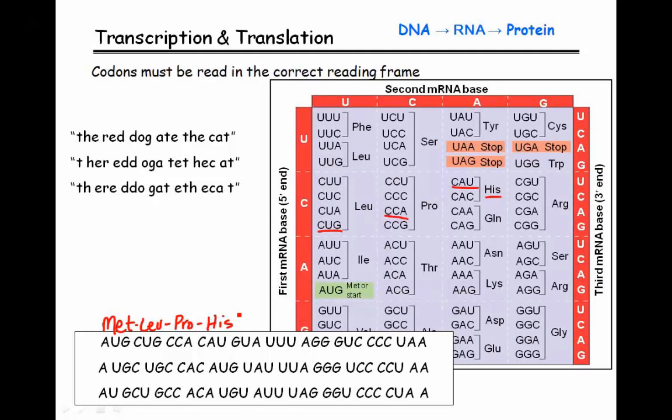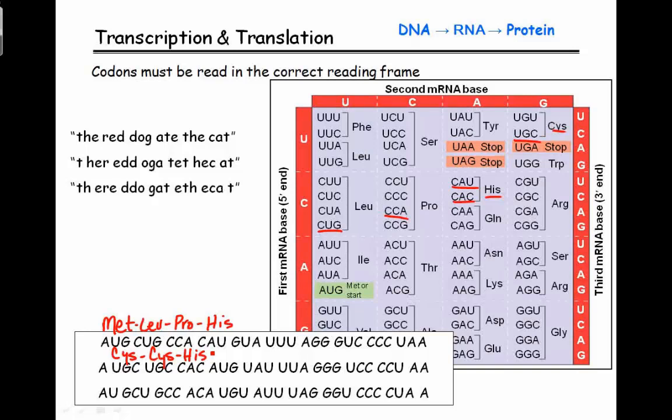Now if we look at the next line down, where the spacing has been shifted over just a little bit, and we start looking up our very first group of 3, we get a UGC. UGC is up here and it codes for cysteine. So notice that right away we're getting different amino acids than what we had before. CAC is going to be histidine. So notice it's not the same.